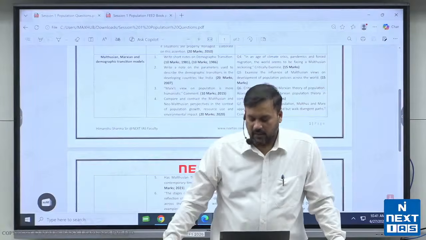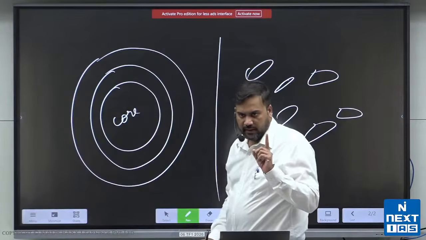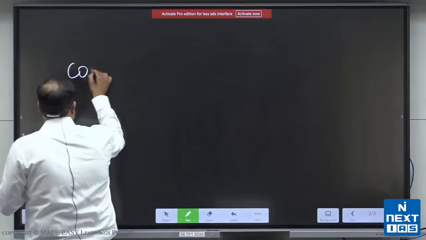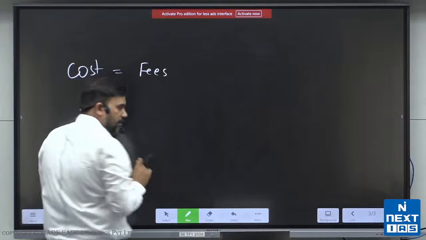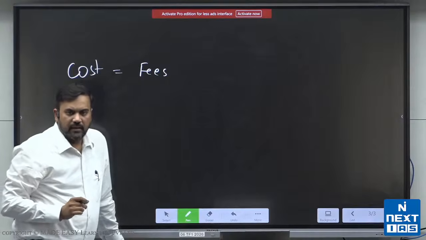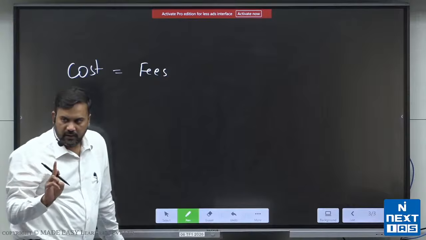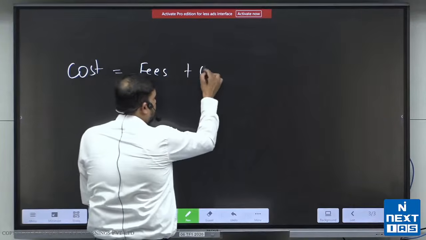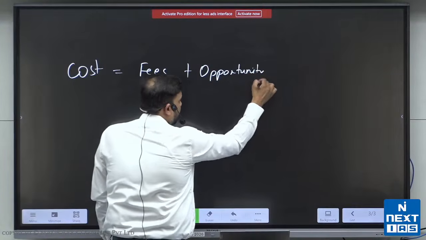You people are calculating only one cost, ठीक है, and what is that? This cost is you are calculating the fees that you have paid, ठीक है. Remember, it is not the only cost that you are paying. There is something referred to as, बाद में भी पढ़ेंगे, what you call it as opportunity cost.